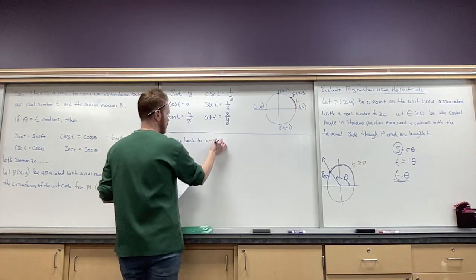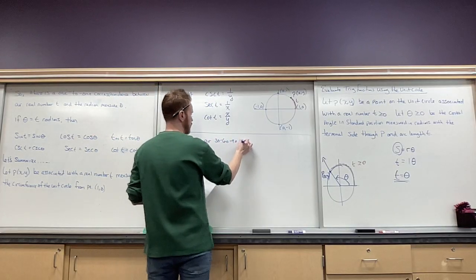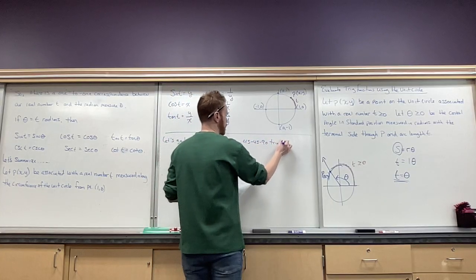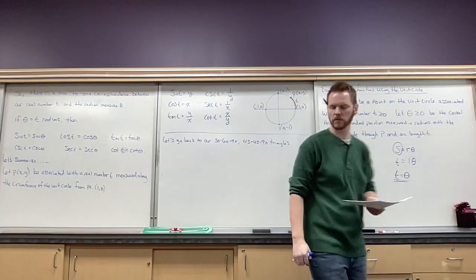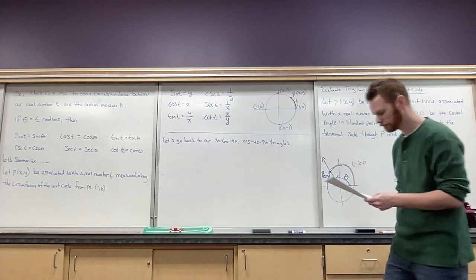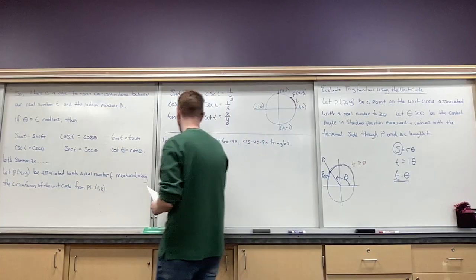To our 30, 60, 90, 45, 45, 90 triangles. Okay, so let's go back to those. I'm going to draw them underneath. Now we have a good reference to it.